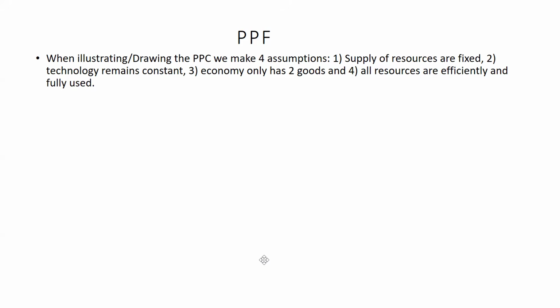Our third assumption, the economy only has two goods that we produce. So we're using our resources just to produce those two goods. And the last assumption is that all of our resources are being utilized efficiently. So you have to keep those four assumptions in mind, right? The supply of resources is fixed.